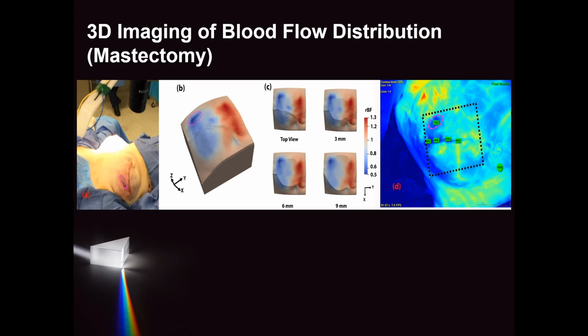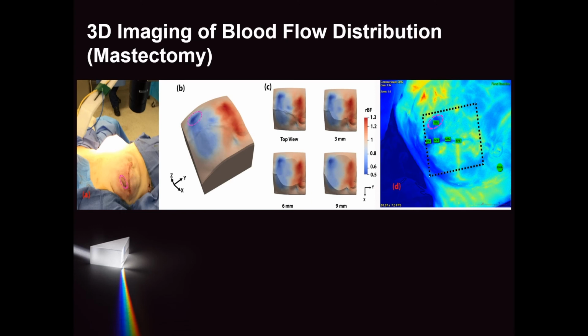In part A, you can see the imaging setup, and in part B you can see the reconstructed 3D distribution of blood flow using SC-DCT. In part C, you can see 2D cross-section views of flow distribution at different depths.